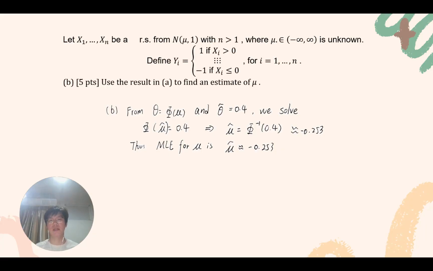So we can write phi of mu hat is 0.4, and we can check the standard table and finally get that mu hat is approximately equal to minus 0.253. Thus, the MLE for mu is this number.